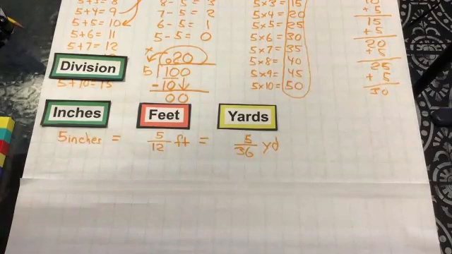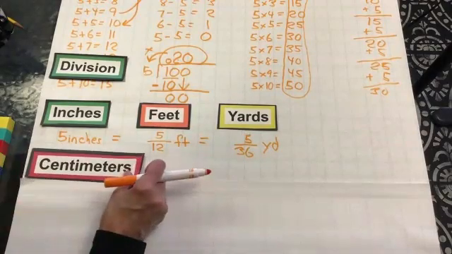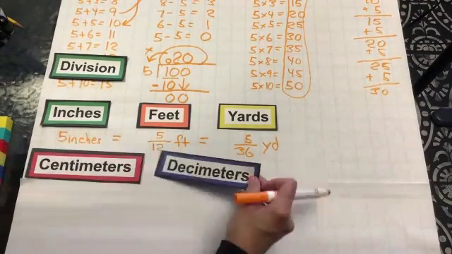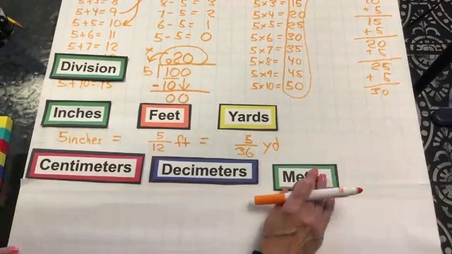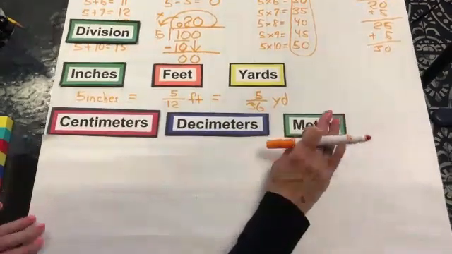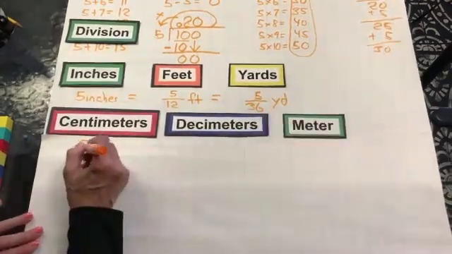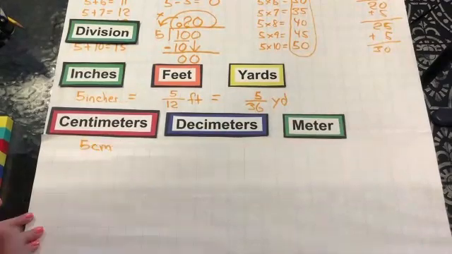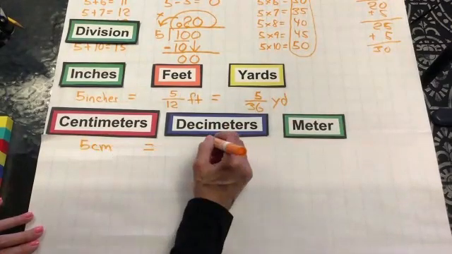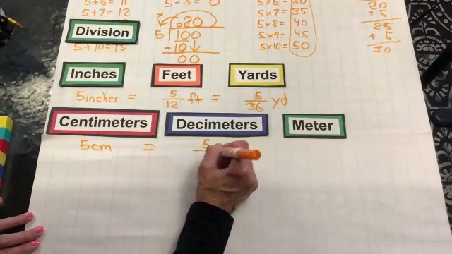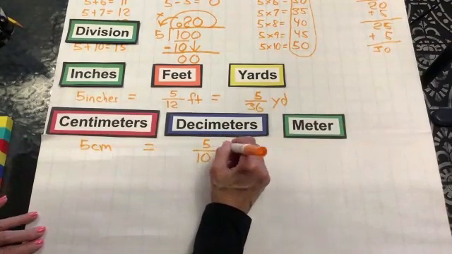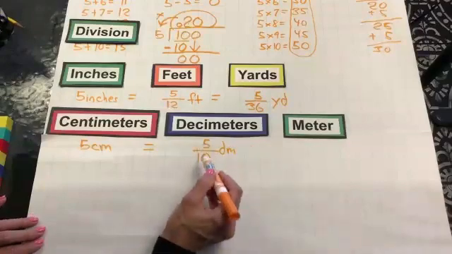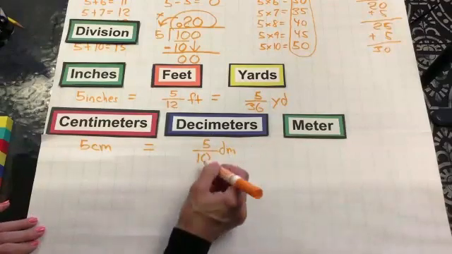Looking good. Let's go on to centimeters, decimeters, and meters. So today, of course, we have 5 centimeters, and that's the abbreviation, which equals 5 out of 10. It takes 10 centimeters to make a decimeter. So we have 5/10, and 5 is half of 10.